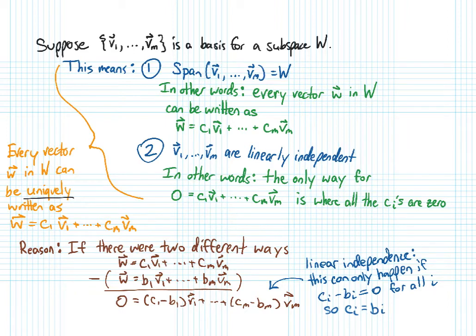When we say that the vectors span W, what we're basically saying is that when you make that grid, the grid actually covers all of W. And when we say that the vectors are linearly independent, what we're saying is that those grid lines don't overlap each other. They actually go in different directions. And so when you find where the vector is on the grid, it's unambiguous what the coordinates are for that vector.